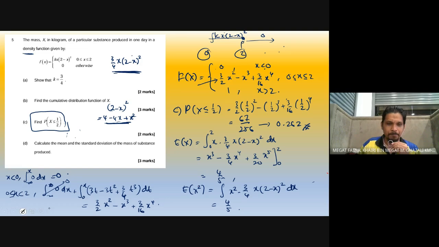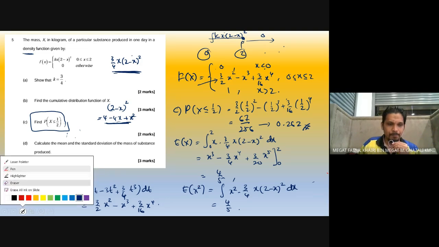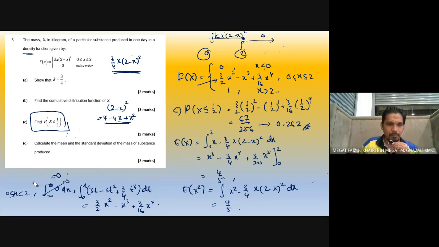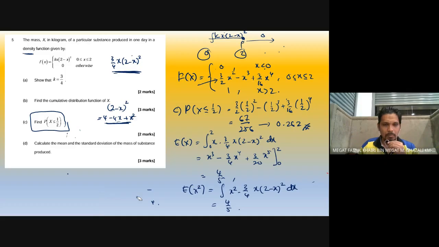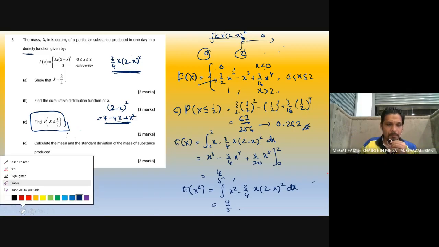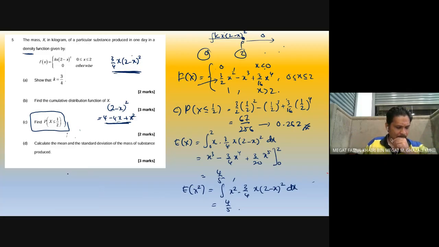So now, variance of x equal to expected of x squared.